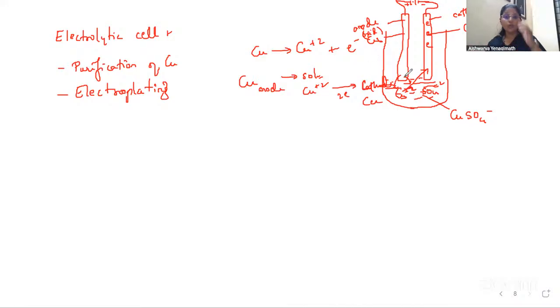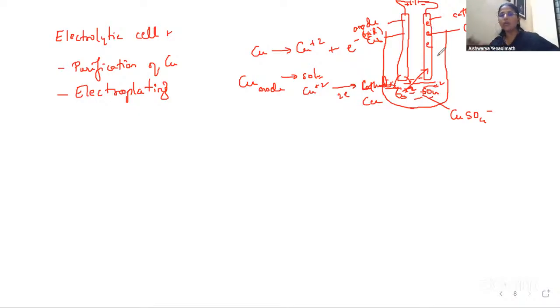So during purification of copper, I have an impure rod. I'll take it as the anode. So the copper in it will lose electrons and come into the solution, so Cu2+ forms. That Cu2+ will go, take the electrons from the cathode and go on depositing on the cathode.